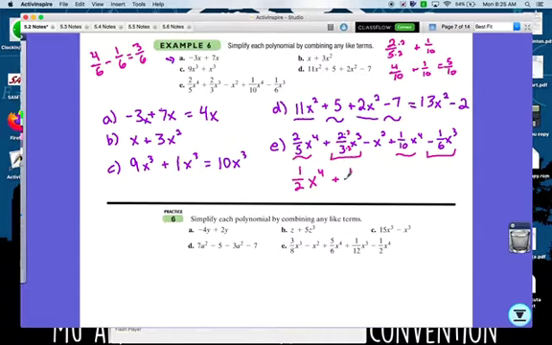So we also have a 1/2 x to the 3rd. And then we have not used this x squared. That's the only term there is with x squared, so I just write it down. All right, so combine them. You might have to do fractions and find a common denominator, but just with the ones that have the same variable with the same exponent.